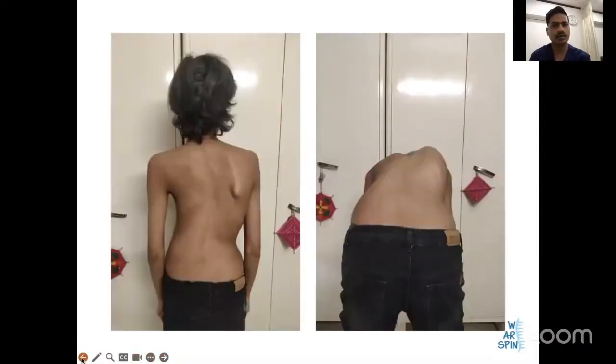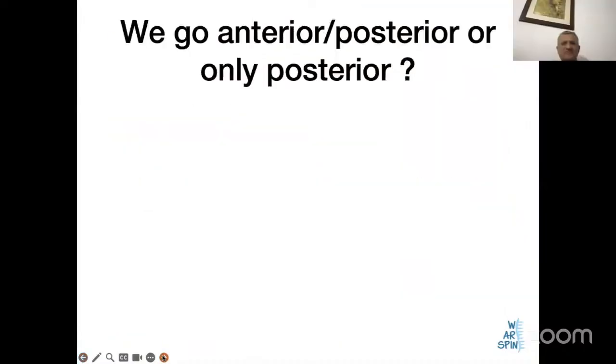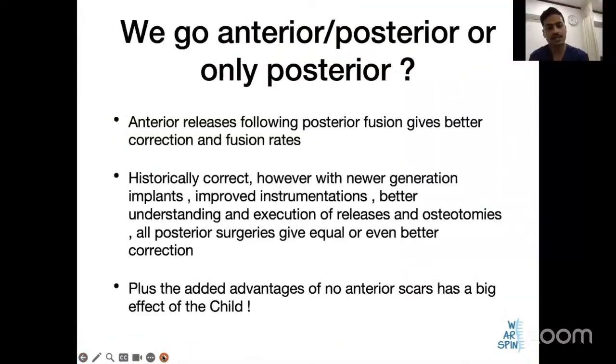With the advent of pedicle screws, the importance of anterior releases has lowered, because we can get all the correction with all posterior fixations and fusions. Plus, there is an added advantage that the anterior scar, which is an ugly scar, won't be there. So we decided to go all posterior.